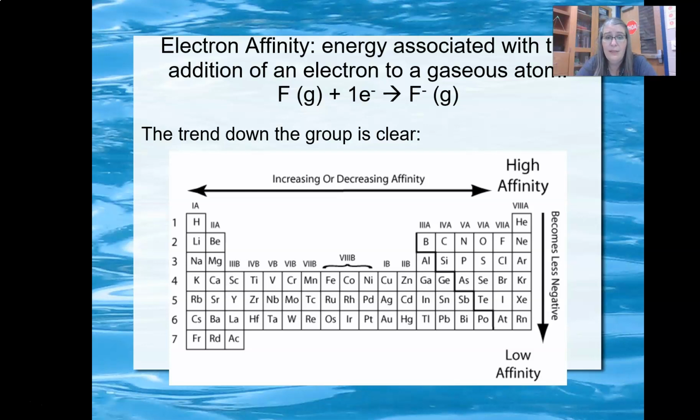In all of these cases, as I go down a group, I would have to add electrons to farther out shells, and that means that they have less and less attraction. A greater distance has less attraction. So it's less energy released to add an electron there, or needed to add electrons there. So as I go down, the magnitude of my number gets smaller and smaller and smaller.